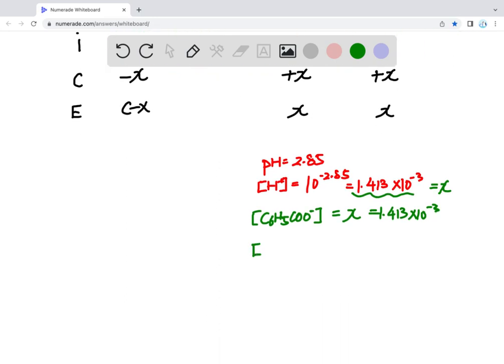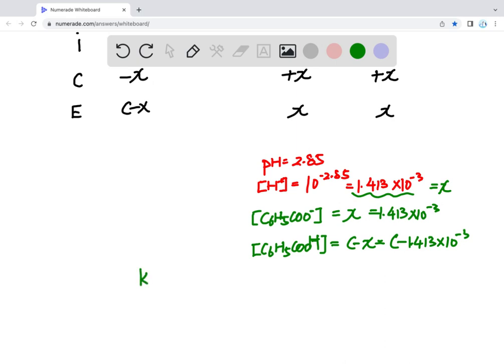And the concentration of the benzoic acid should be C minus X, which is C minus 1.413 times 10 to minus 3.